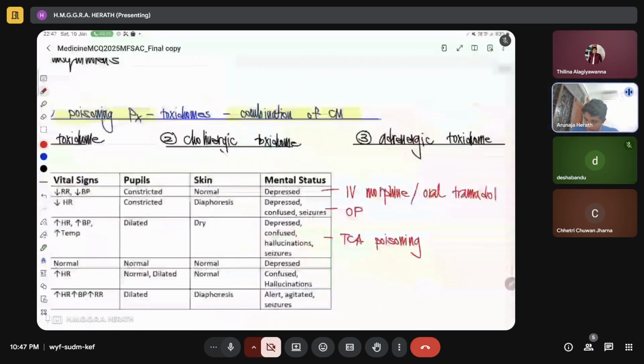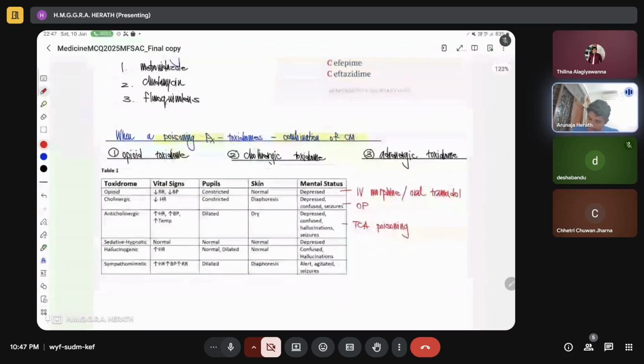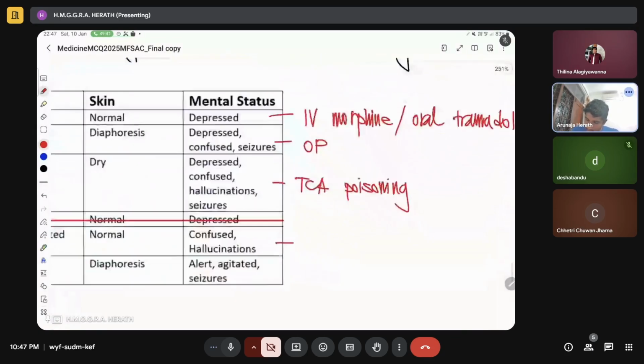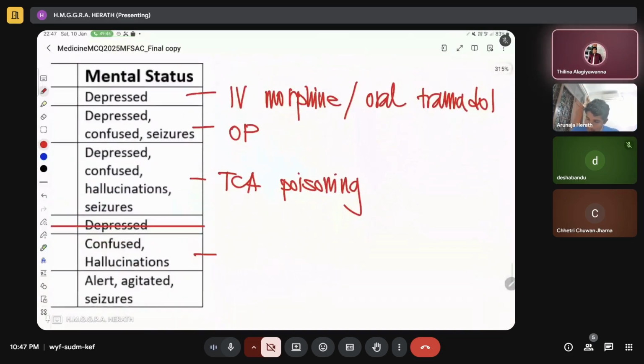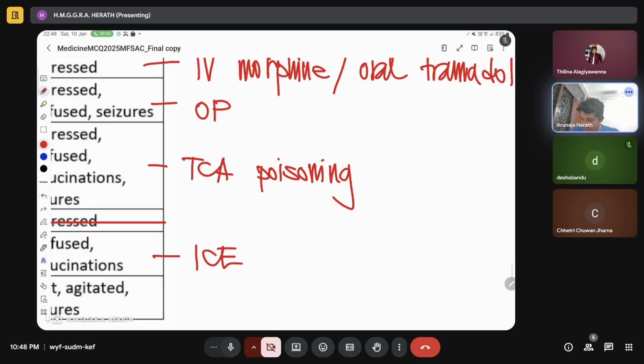Patient will get a combination of symptoms. Sympathomimetic toxidrome. Don't worry much about the sedative and hypnotic toxidrome, it is not that important. The hallucinogenic toxidrome can occur. Usually in which conditions? Ice. What else? LSD overdose in Sri Lanka.